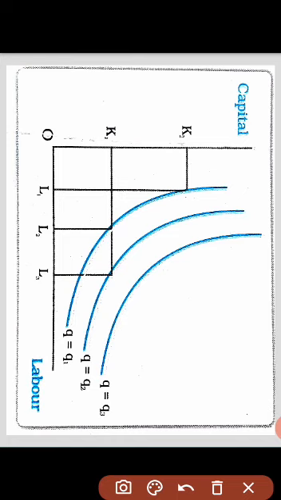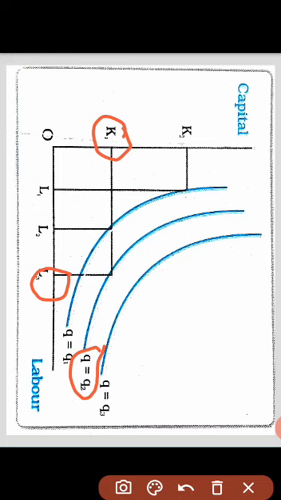Capital we are not representing as C, instead we represent it as K. If we fix the capital at K1, this is the point, and increase the labor to L3, this is the point. The output increases as we reach the higher isoquant, that is Q equals Q2.